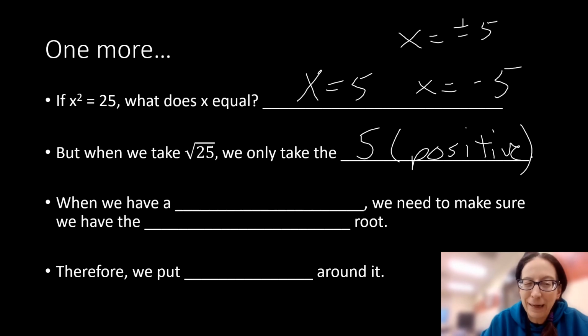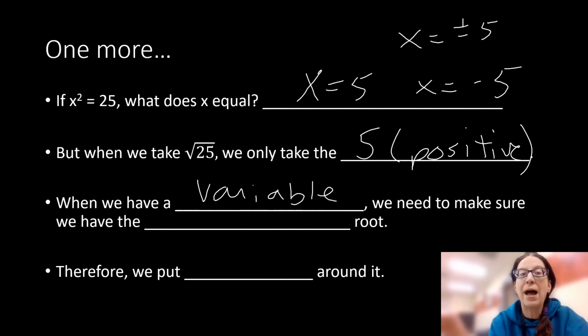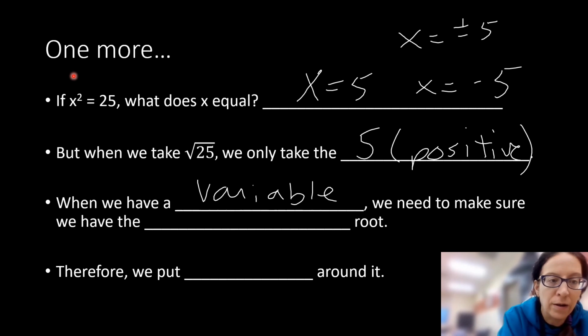Now, what that means is that when we have a variable, so something that we are not sure what the value of it is, we don't know if x is positive or negative. Like think back up to that first line there. If you have a variable, you actually don't know if it's positive or negative.